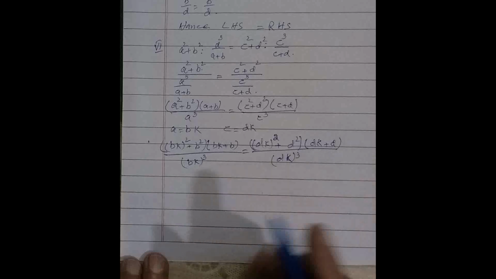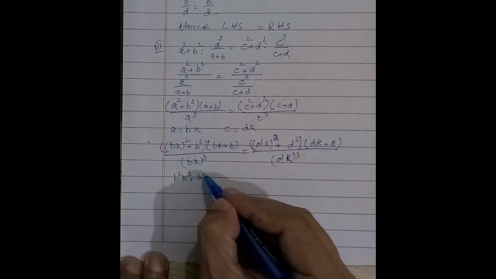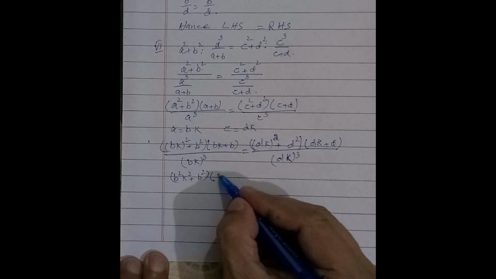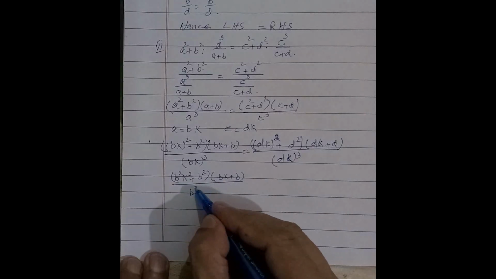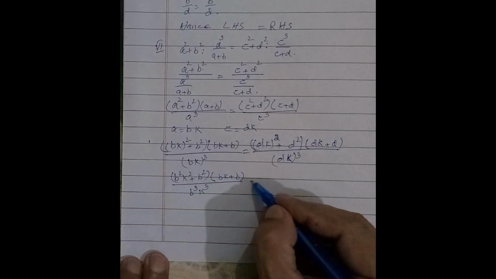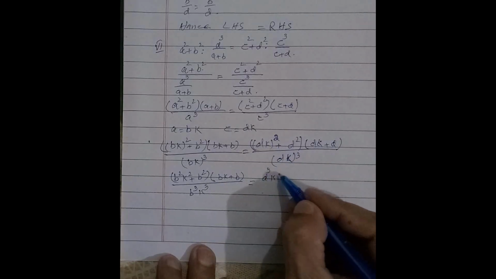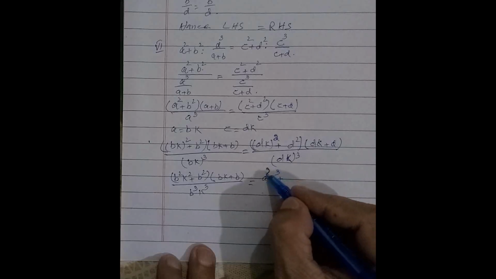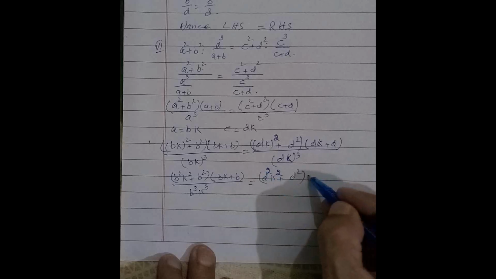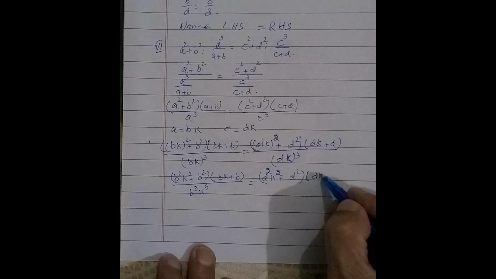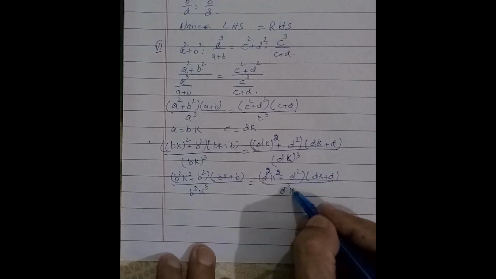Now simplify these values, we get (b^2 k^2 + b^2) into (bk + b) over b^3 k^3 is equal to (d^2 k^2 + d^2) into (dk + d) over d^3 k^3.